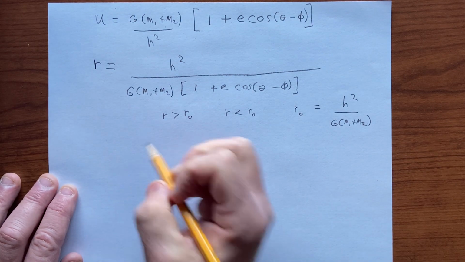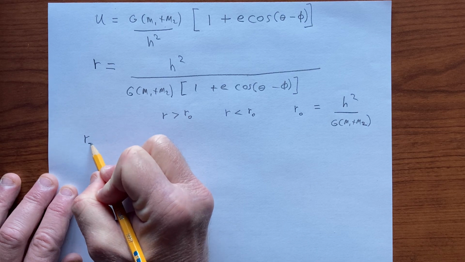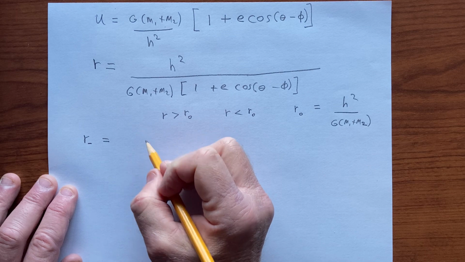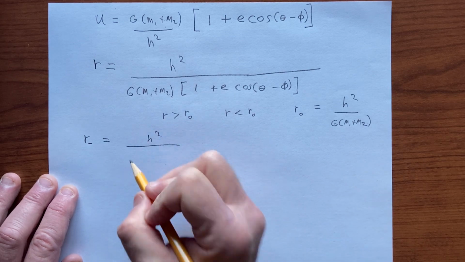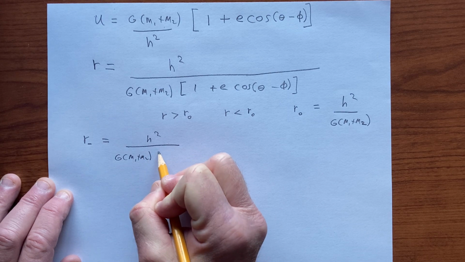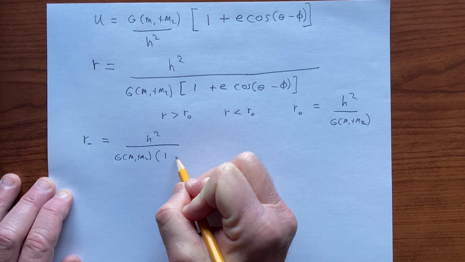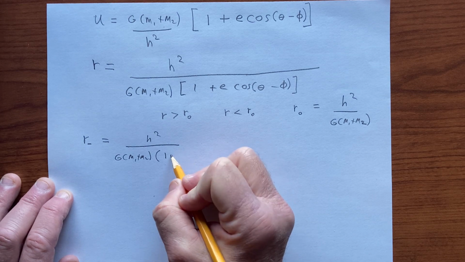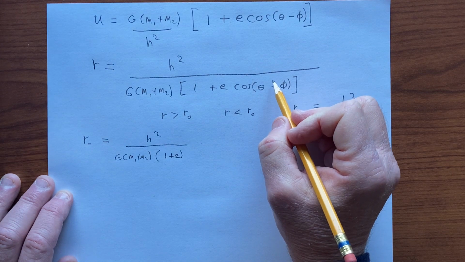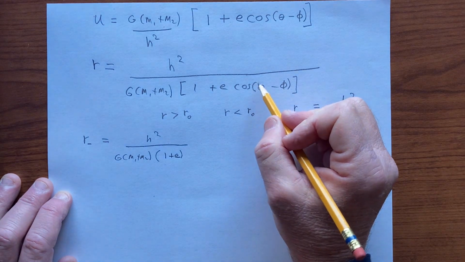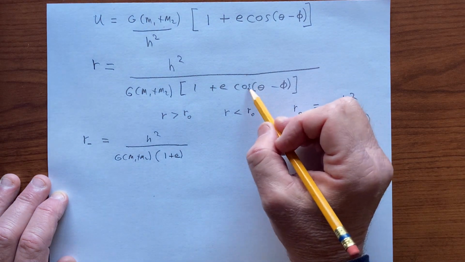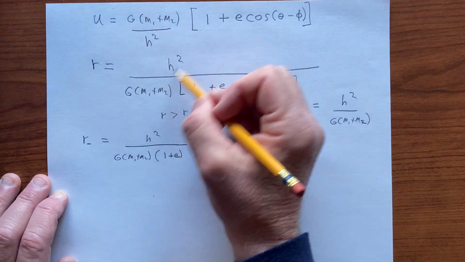Maybe it's better to notice that there's the smallest value that we can have for r, which is h squared over the constant times 1 plus e. Because this thing, the smallest it can be is minus 1. And so we want this whole thing to be as small as possible.